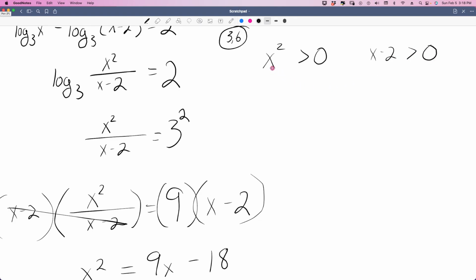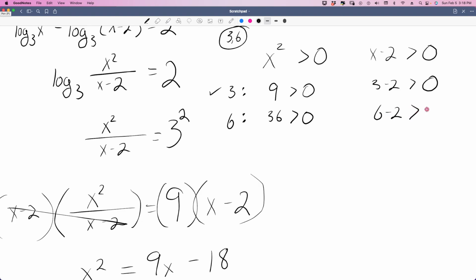So when it's 3, we have 9 is greater than 0. So for 3, that works for that one. And 3 minus 2 is 1, so that's greater than 0. So our 3 checks. Our 6 squared is 36, and it is greater than 0. And then 6 minus 2 is a positive 4, and that's greater than 0. So the 6 checks also.